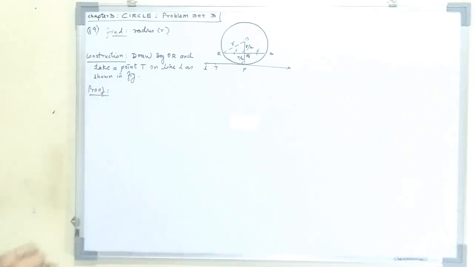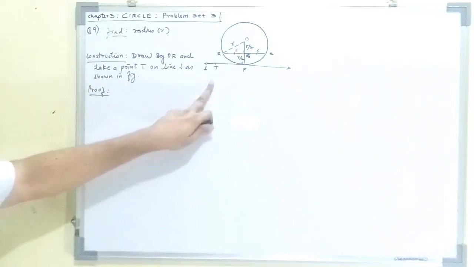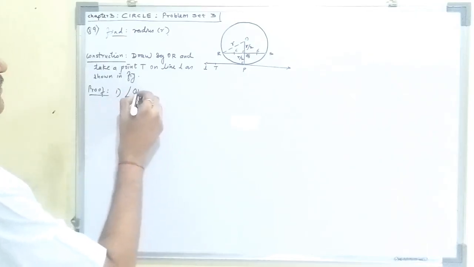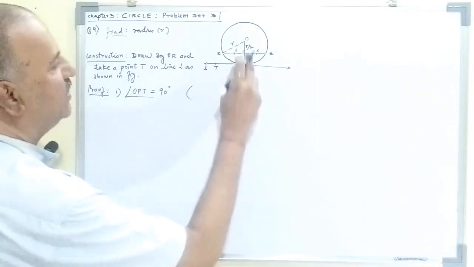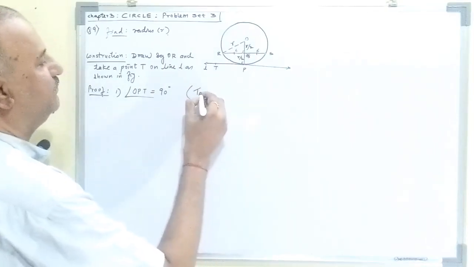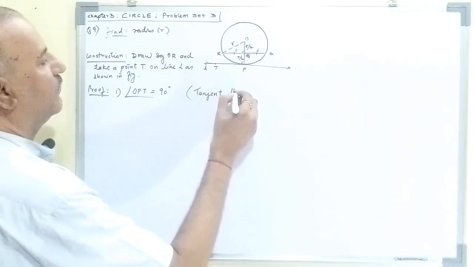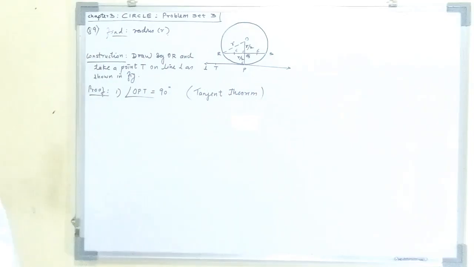Okay, now angle OPT is equal to 90 degrees. इसकी वजह है ये tangent है, radius, it's tangent theorem. Now they have given us one information.